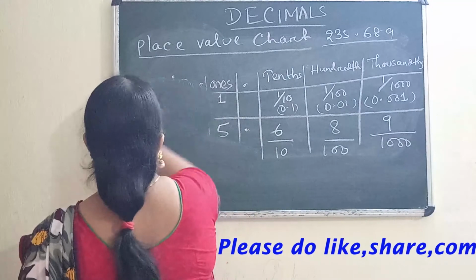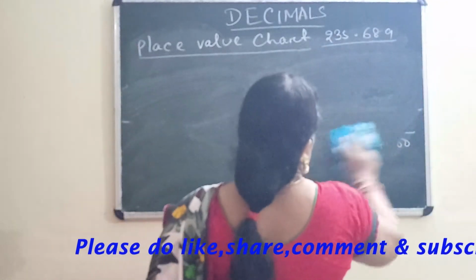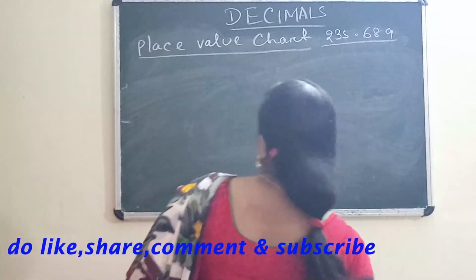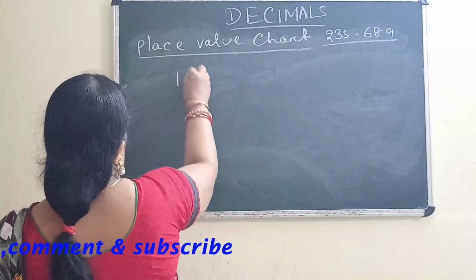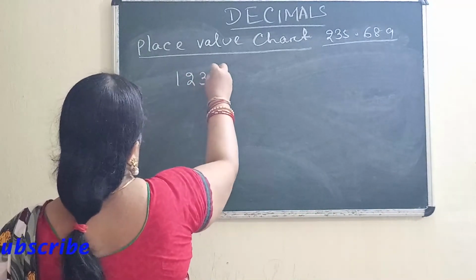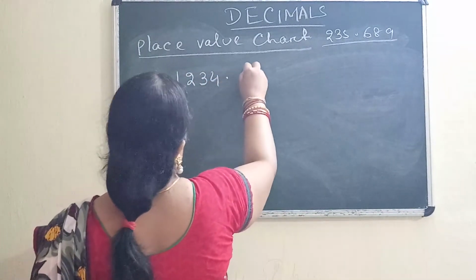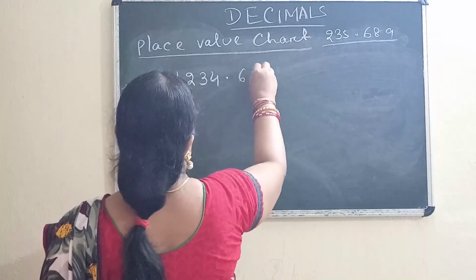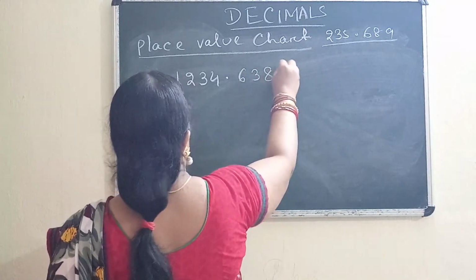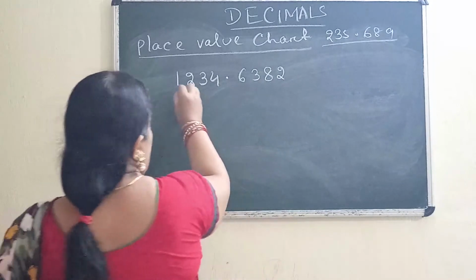One more example I am showing. Suppose 1234.6382. Okay.